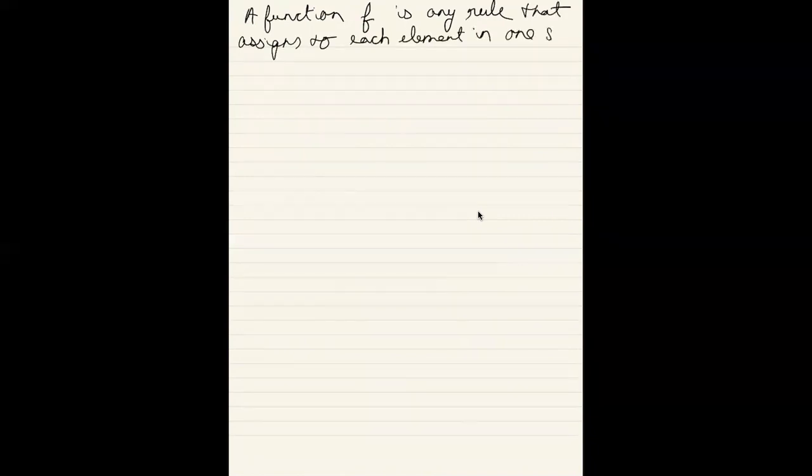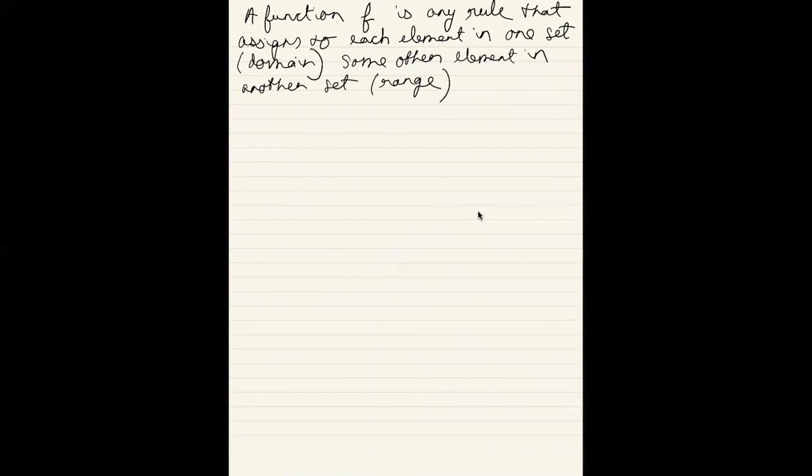A function, and normally we use the letter f to describe a function, is any rule that assigns to each element in one set, which we called the domain, some other element in another set, which we call range.